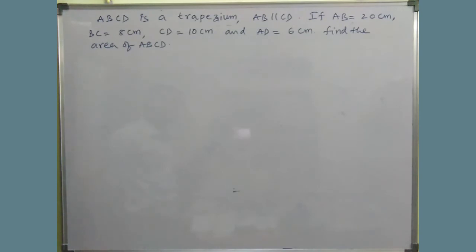CD is equal to 10 centimeters and AD is equal to 6 centimeters. Hence find the area of ABCD. I mean, we want to find the trapezium area.